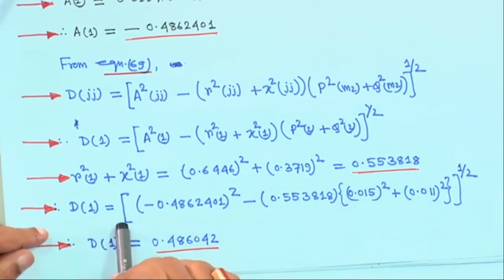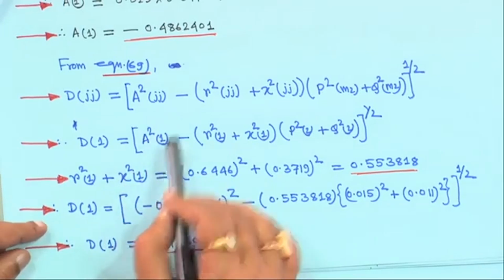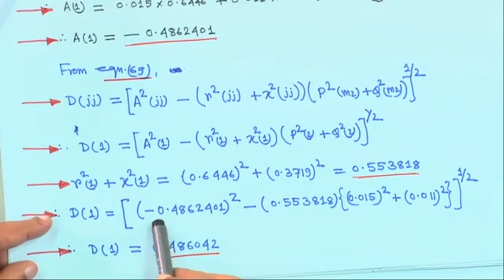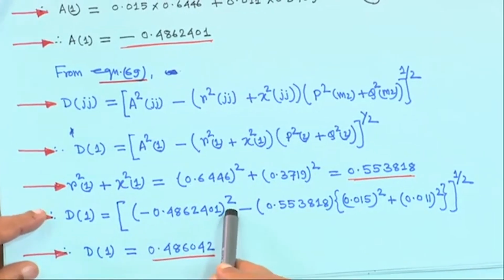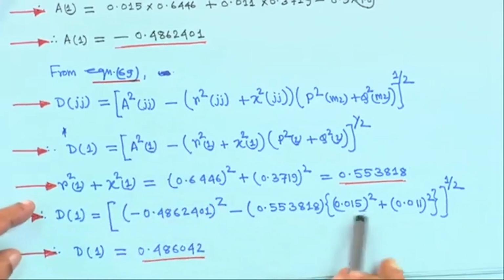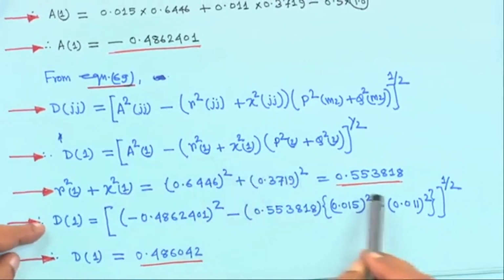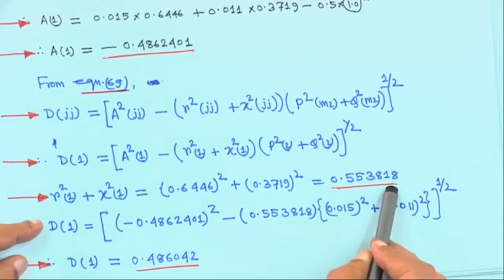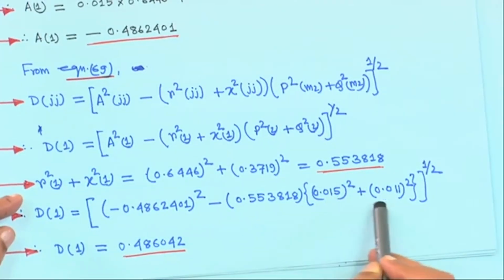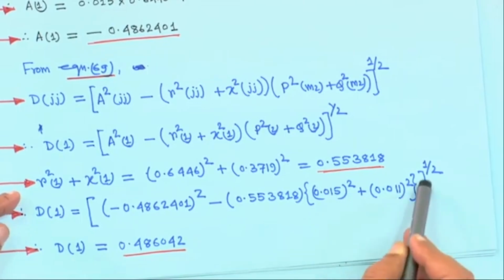Then D1 is equal to, we have calculated just now A1 as minus 0.4862401. So, it is minus 0.4862401 whole square, right, because it is square, minus R1 square plus X1 square, which we have made 0.553818. So, substitute here, and then it is P2 square 0.015 square plus 0.011 square, to the power half.